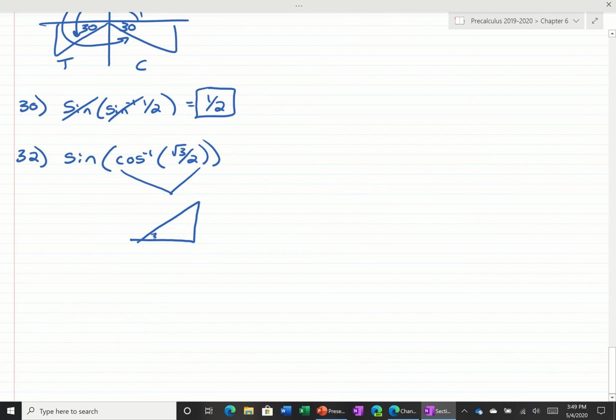And that's going to come from our 30, 60, 90 triangle. The cosine of 30 is going to give us root 3 over 2, so that just turns into 30 degrees. And the sine of 30 is 1/2.